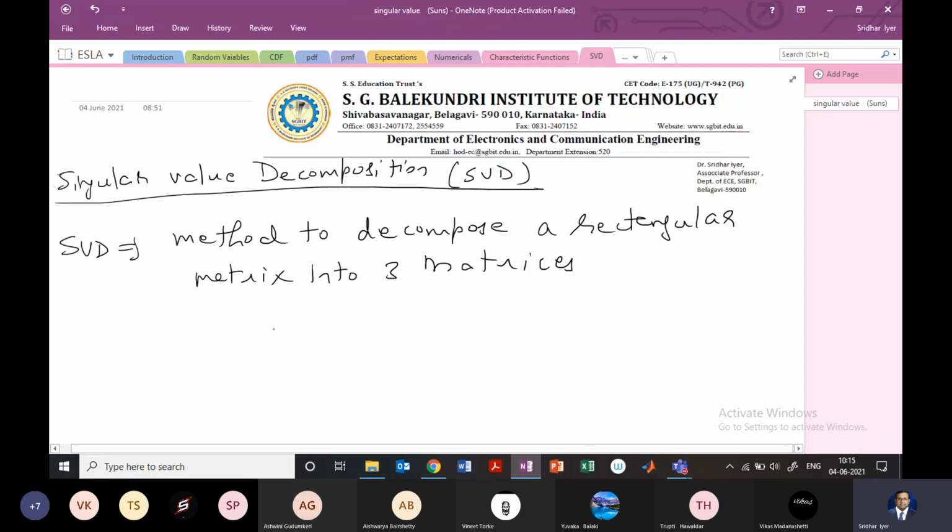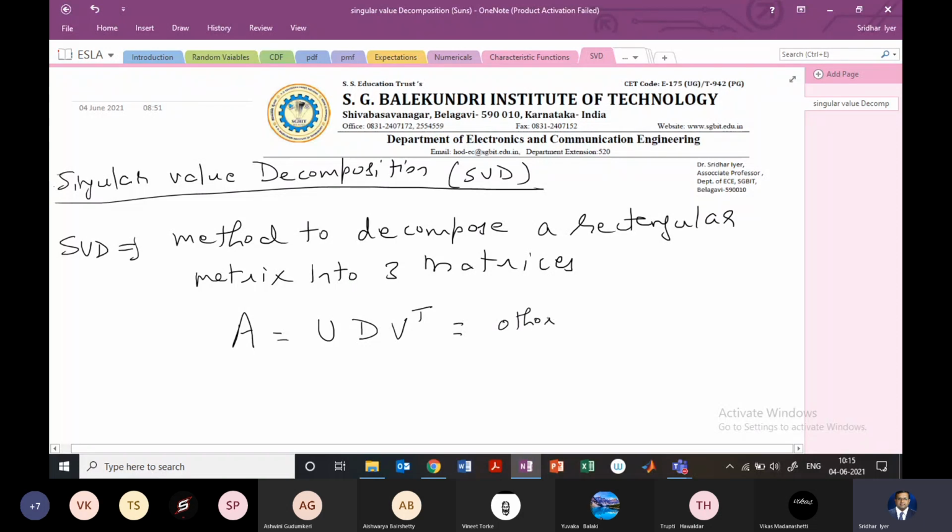Any matrix A which is given will be of the form U, some books use the sigma notation, but I'll be using D, V transpose.